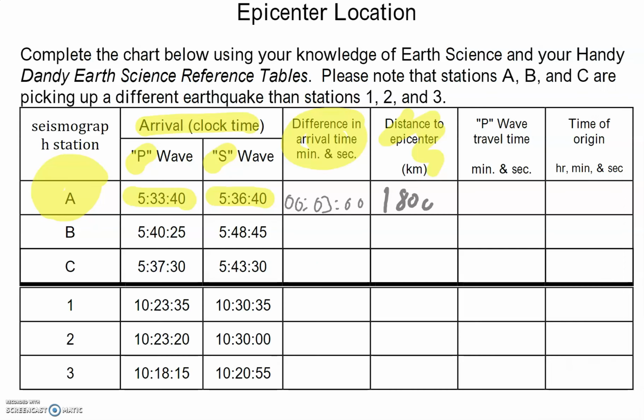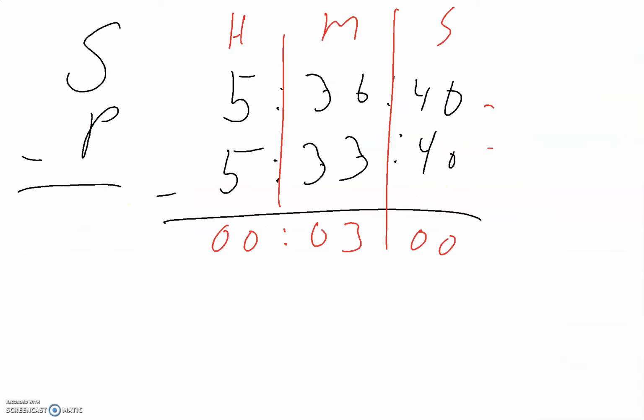And I'd go back and fill that in, 3:20. Now to get my travel difference from the origin, I need to subtract my 3:20 from my P-wave time, which is 5:33:40. So I'd take 5:33:40 and subtract 3 minutes and 20 seconds from it.